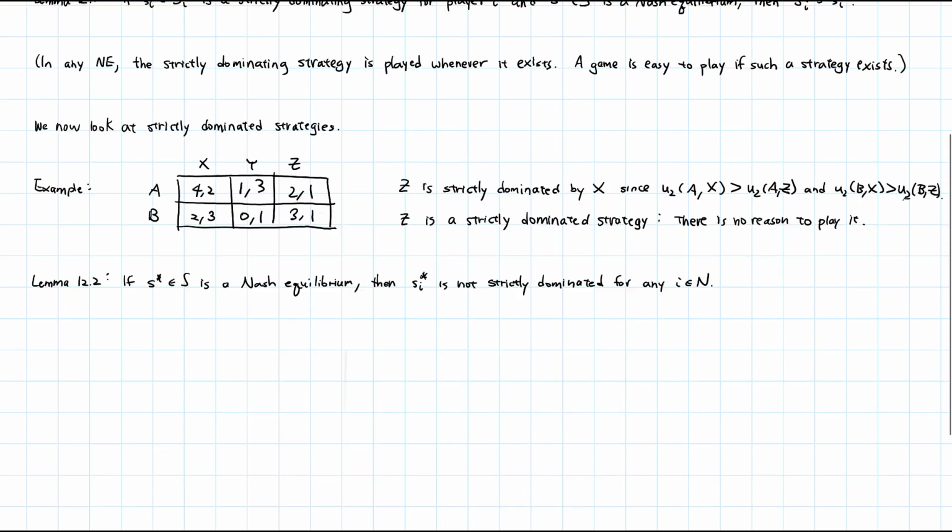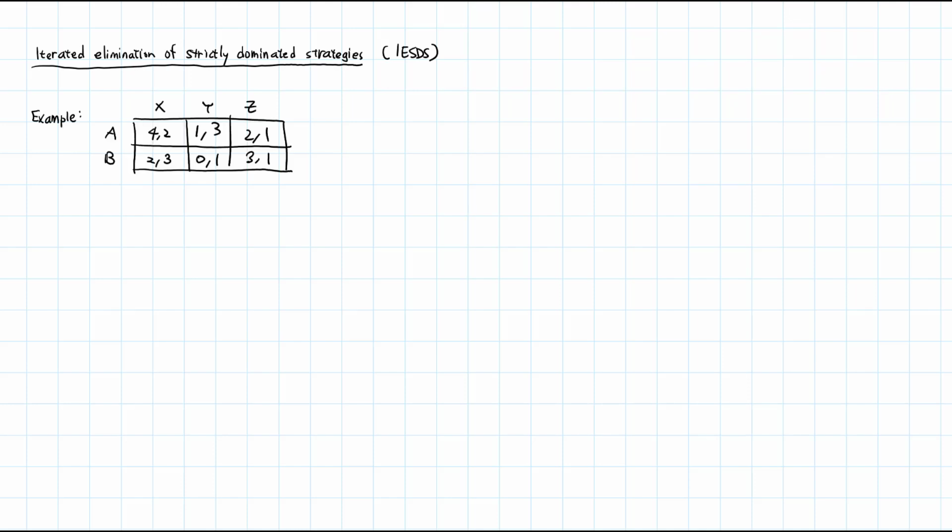So now when we are searching for a Nash equilibrium, we can discount a strategy that is strictly dominated. Take a look at our example again. We see that Z is strictly dominated, so it will not appear in any Nash equilibrium. So we can eliminate Z from this table.